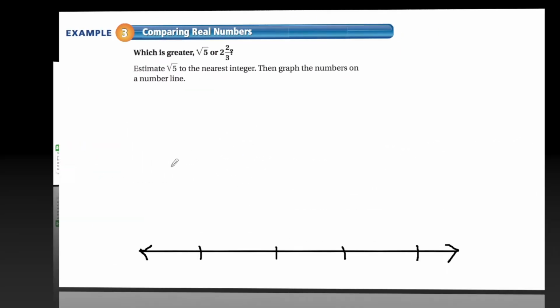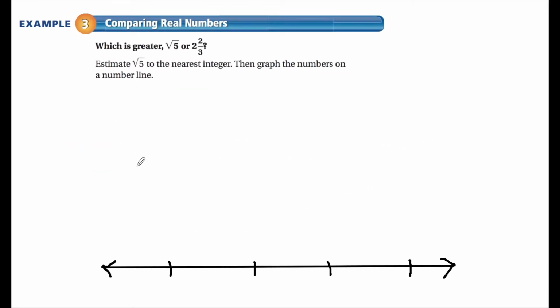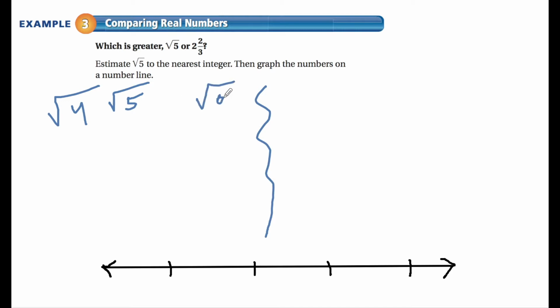Alright, example 3 has us comparing real numbers. They want to know which is greater, the square root of 5 or 2 2/3. Well, first thing we got to do is estimate the square root of 5. So the square root of 5 falls somewhere between the square root of 4 and the square root of 9.